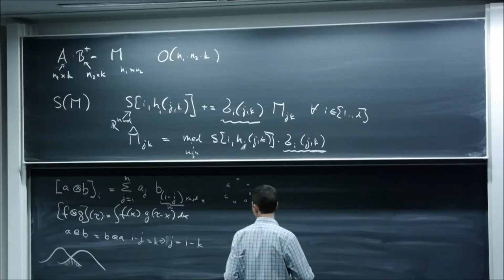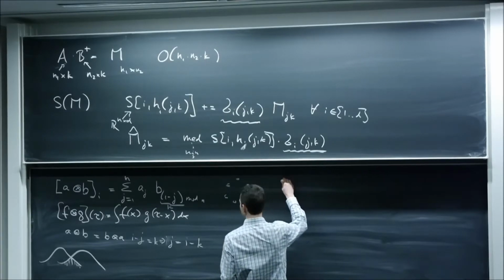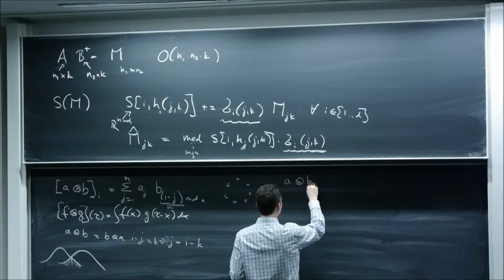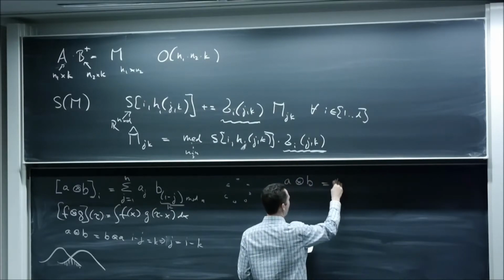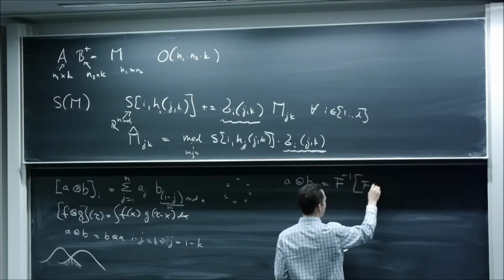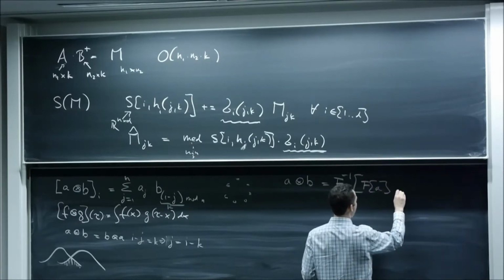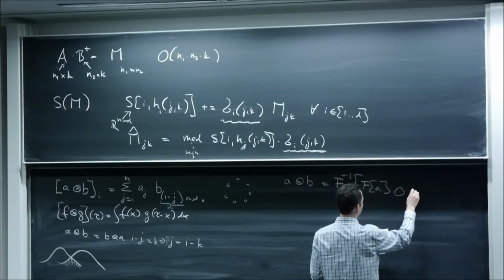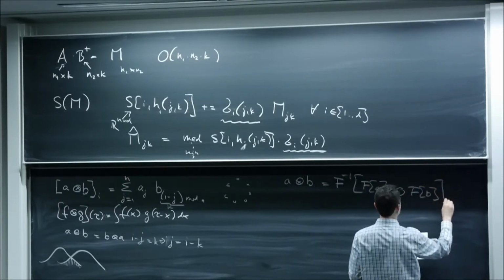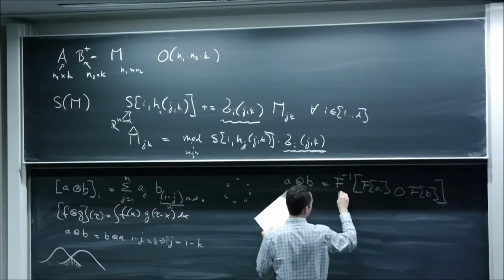So we will be able to compute A convolved B cheaply by performing an inverse Fourier transform of the Fourier transform of A pointwise multiplied with the Fourier transform of B. And don't worry, I'm going to derive this.